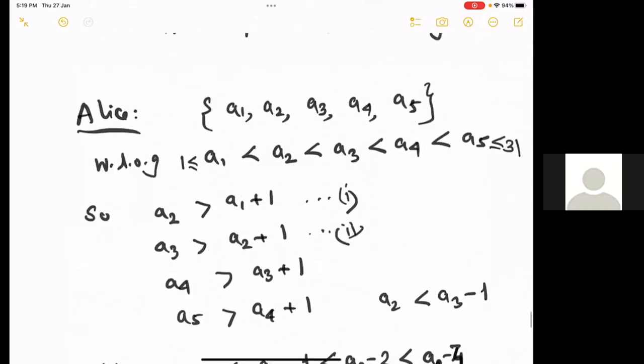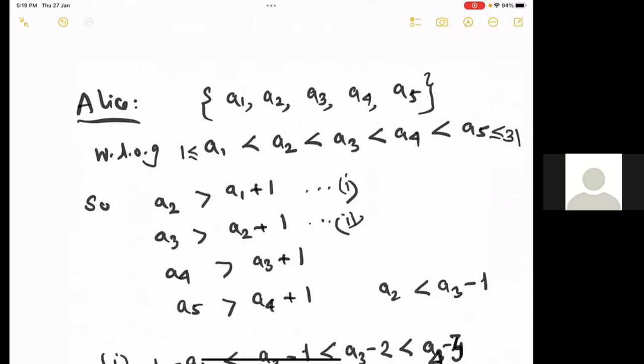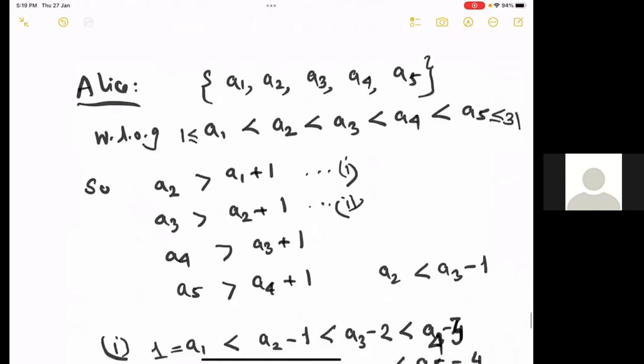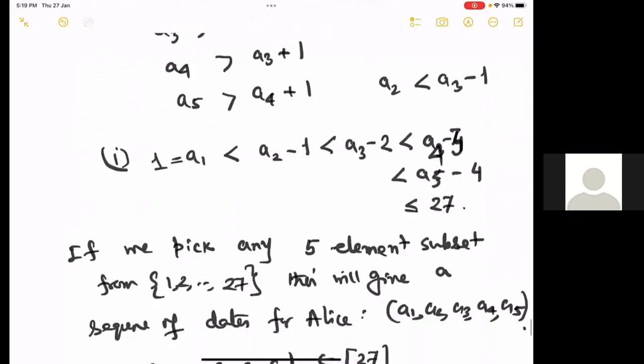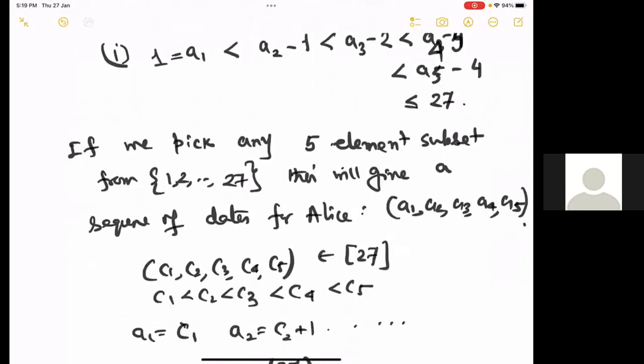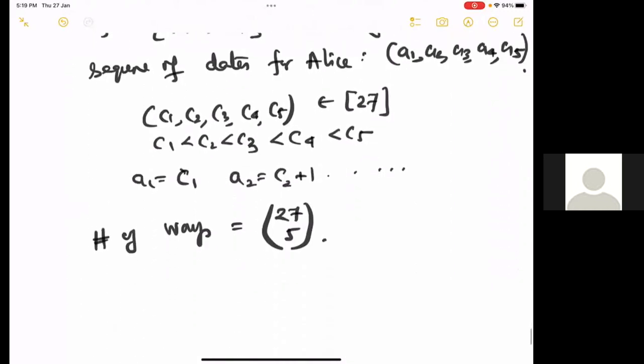I am not saying this is the only way. There could be many other ways to solve this problem, but this is an illustration of this technique of setting up a bijection between two different things. And when you write these things in your assignment or exam, don't write too much. Just give the crisp way, express your thought, how you argue this bijective proof.